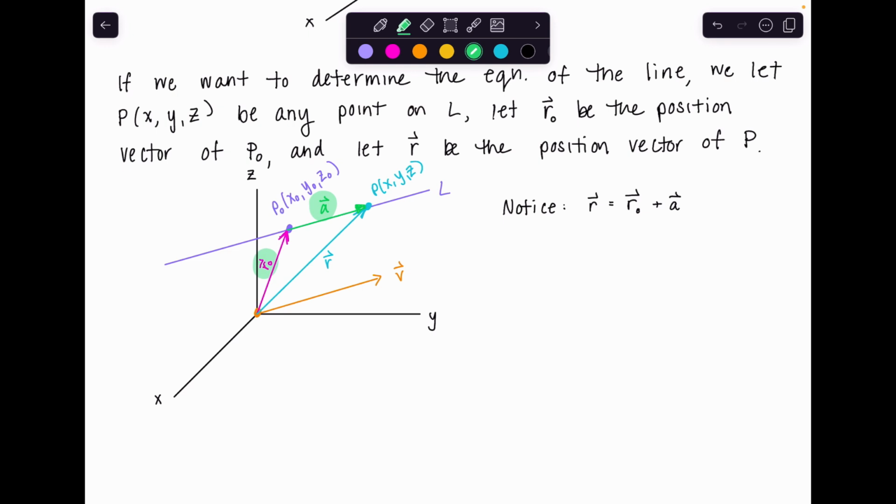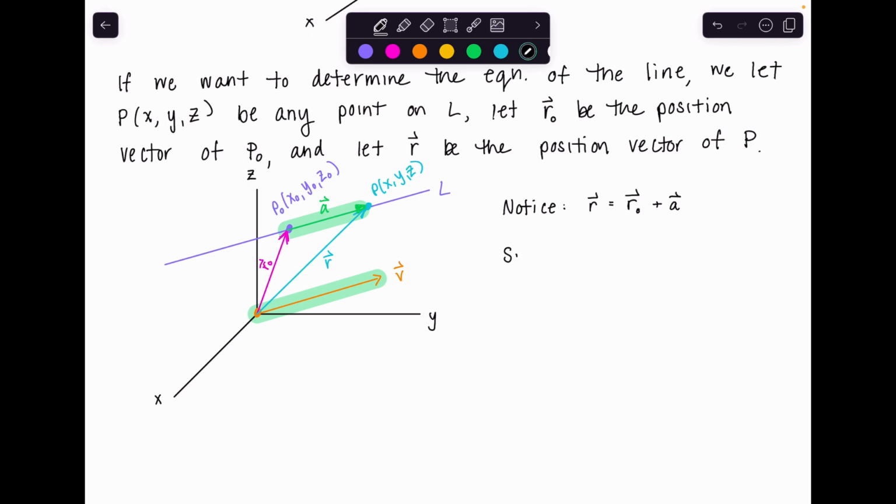I do know what r naught is, because it's just the point x naught, y naught, z naught in vector form. However, because this vector is on my line, I know it runs parallel to my vector v.